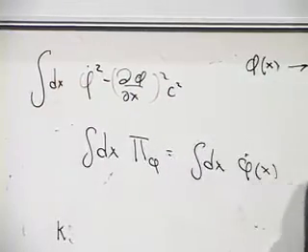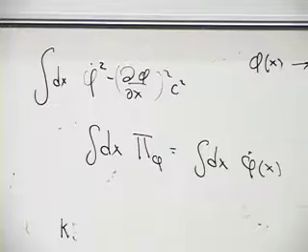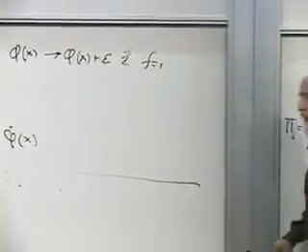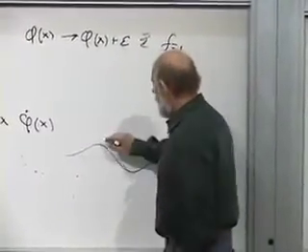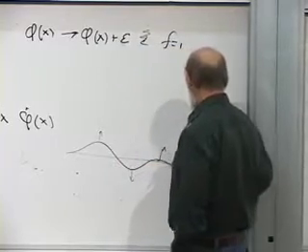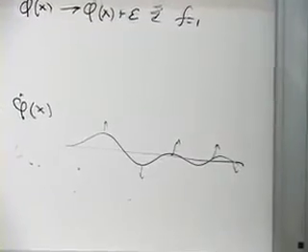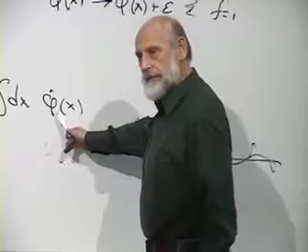Now, what does that say? Well, it says what it says. For example, let's think of it as a string, and we start the string at time t equals 0 with some arbitrary shape and some arbitrary velocity, moving in some way, so that at every point on the axis there is a phi dot.